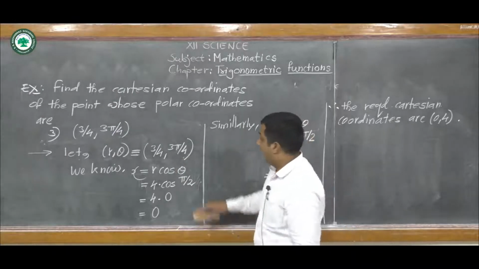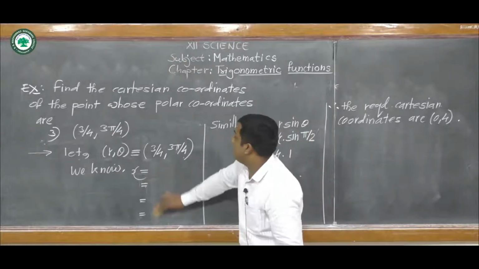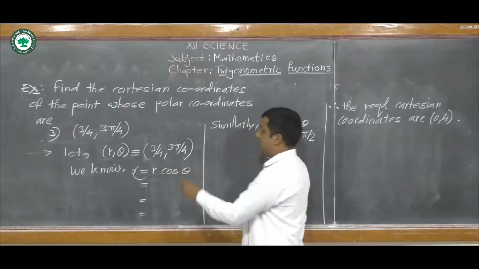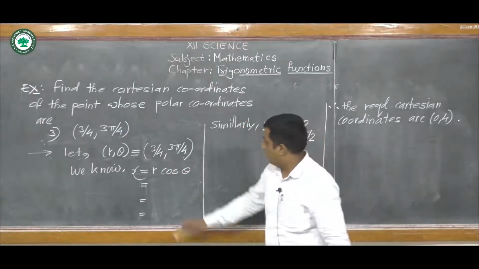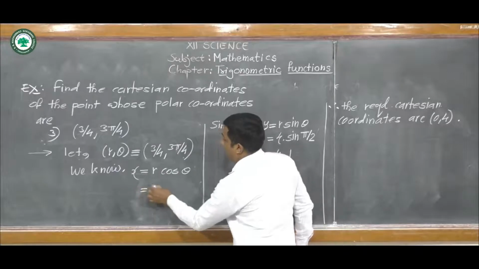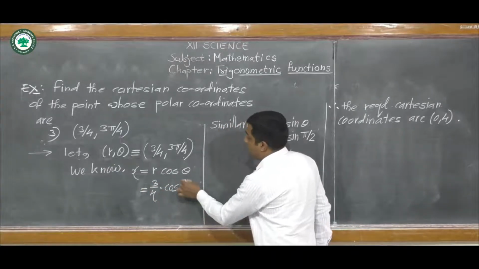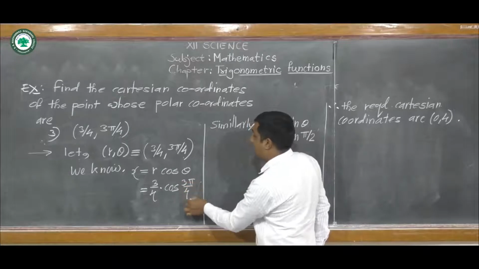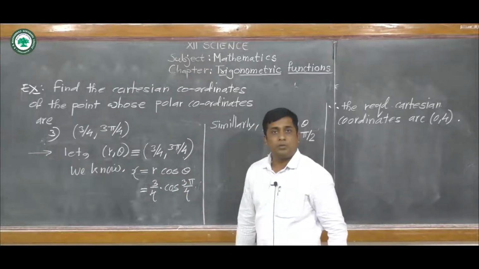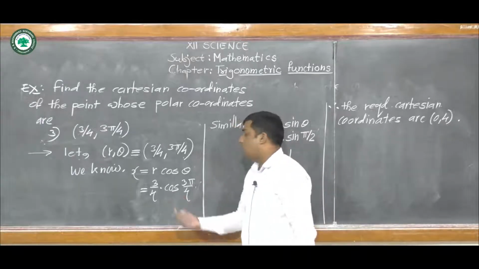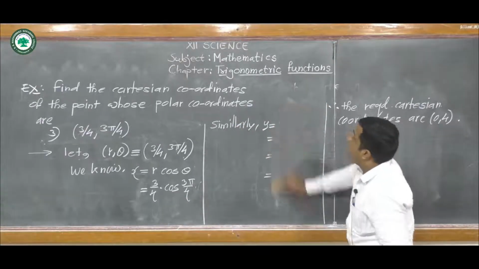Let's find x first, and for this we know here x is equal to r cos theta. We know here r is 3 by 4 into cos of theta is 3 pi by 4. Now by using allied angle form, we have to find cos 3 pi by 4.